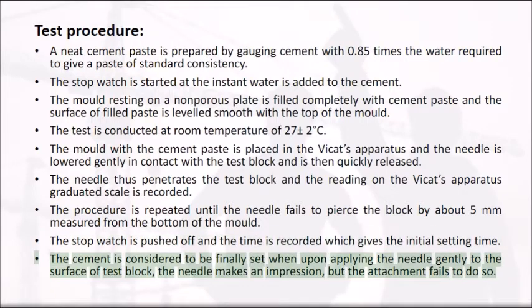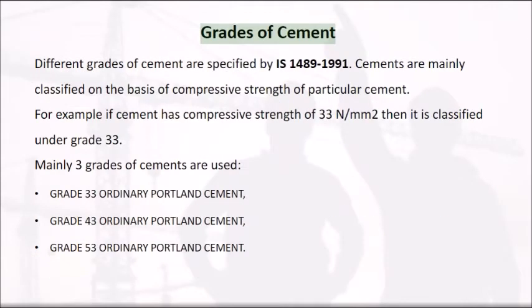The cement is considered to be finally set when, upon applying the needle gently to the surface of the test block, the needle makes an impression, but the attachment fails to do so. Grades of cement.